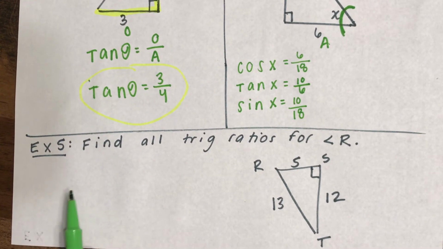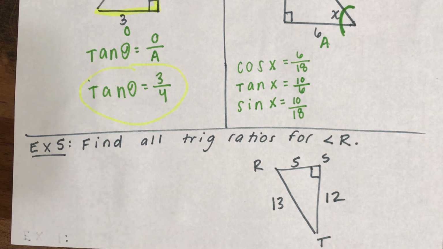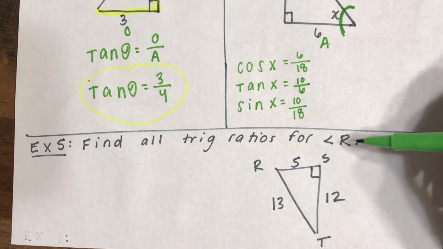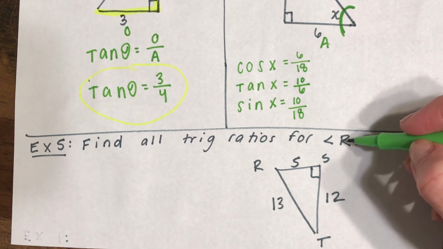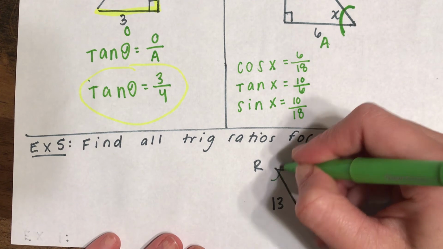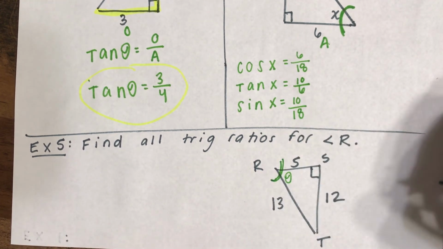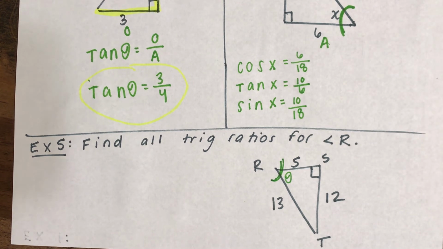So this is asking me to do the same thing for angle R. It's asking me to find each of the trig ratios, okay? Here it didn't give me a theta or an x, so I'm going to have to write that down myself for angle R, which is here. I'm going to use theta just because I think that's the best way to show, but you could use an x, okay?